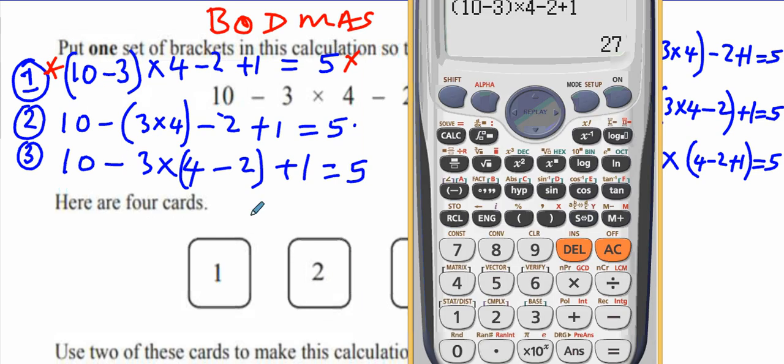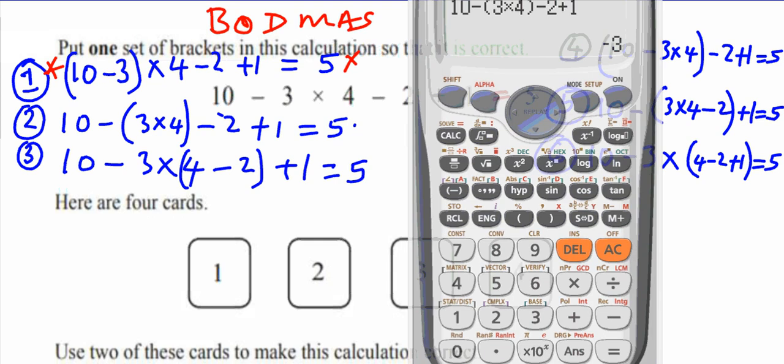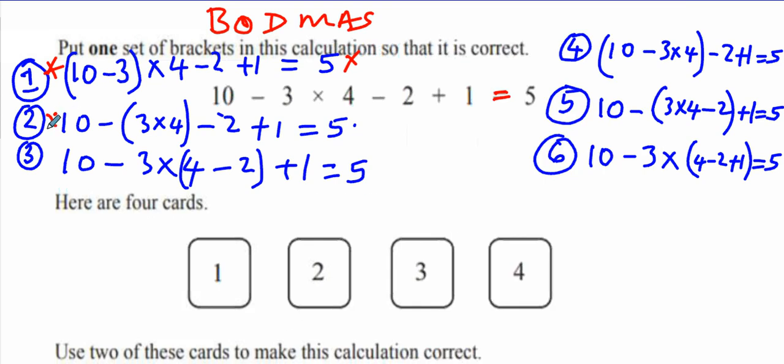Go to the next possibility. It will be 10 minus bracket 3 times 4, close bracket, then minus 2 plus 1. See that? Then do you get equal to 5? No. I'm getting negative 3. So this is a wrong possibility.